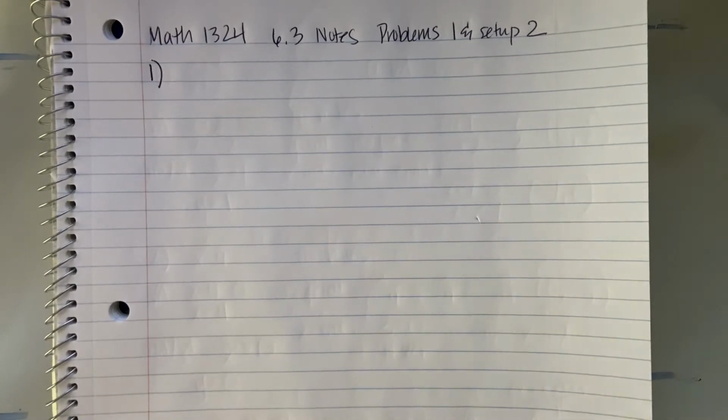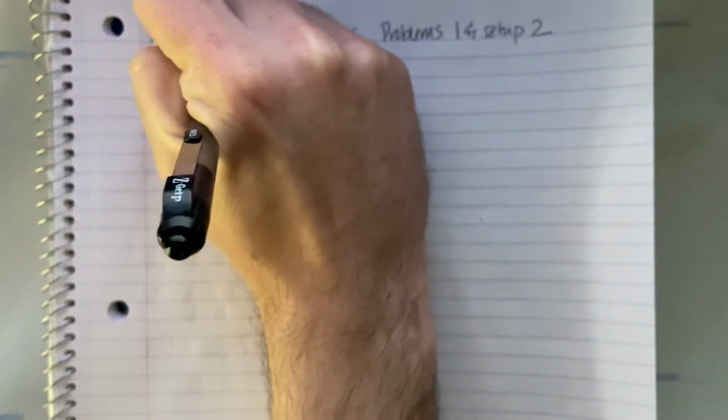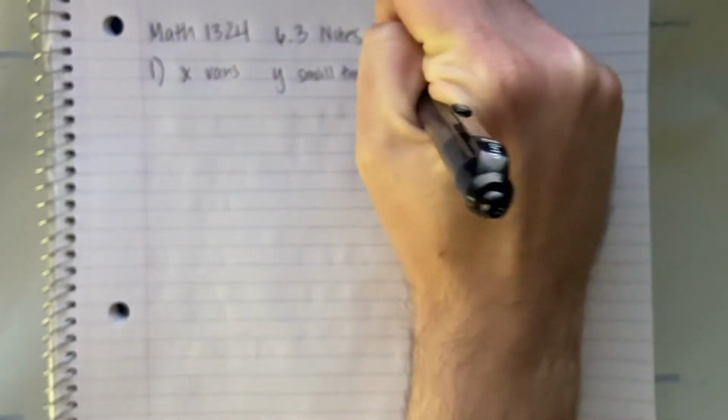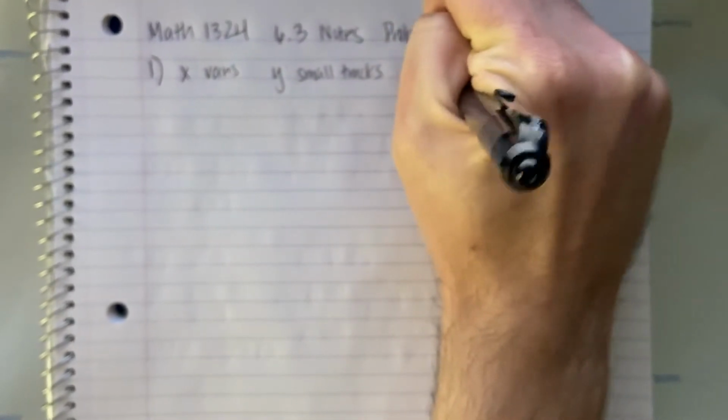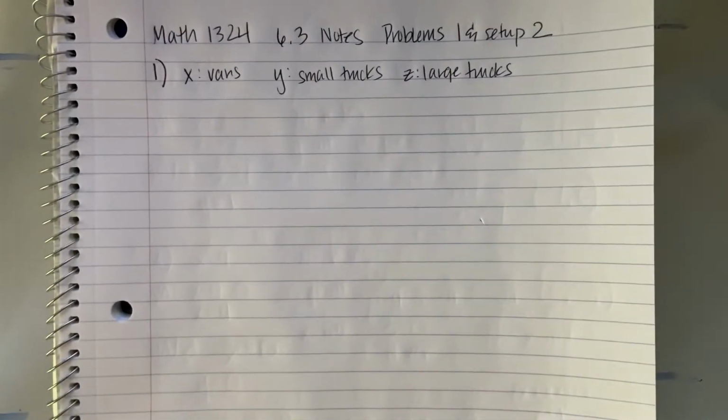Then we need to turn them into equations. So we're going to let X be the vans, Y will be the small trucks, and Z will be the large trucks. Now, let's use this.